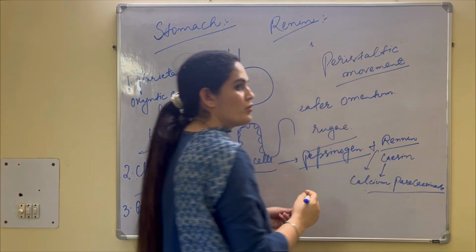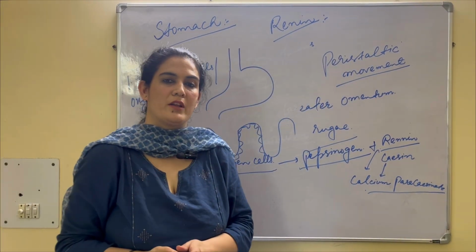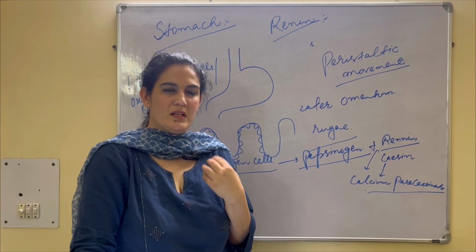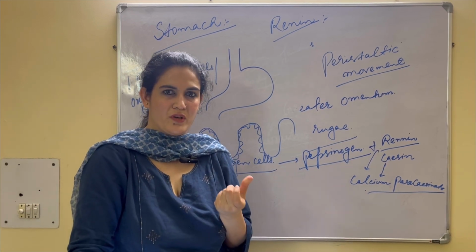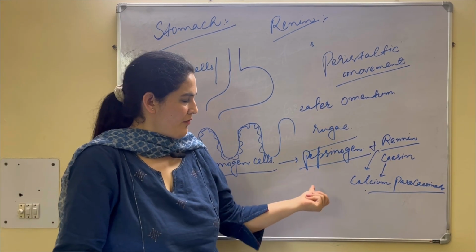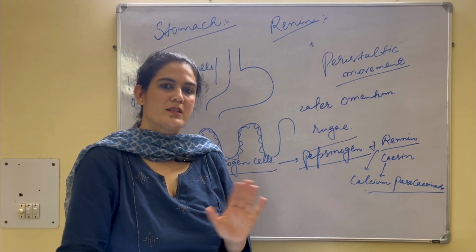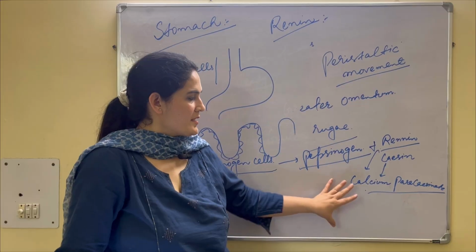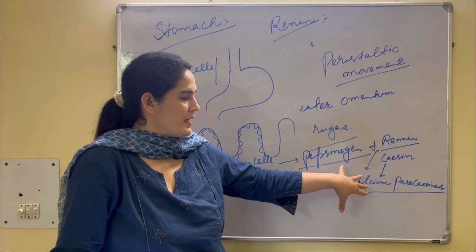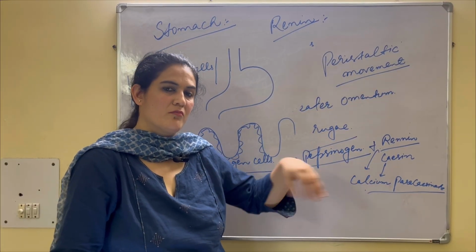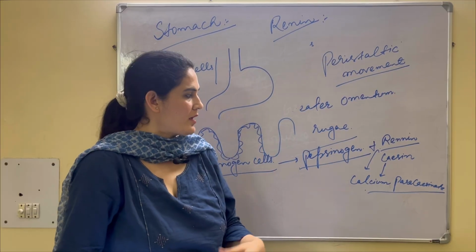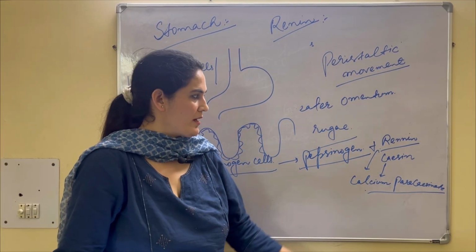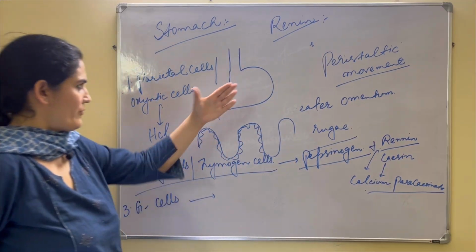So students, आपने देखा होगा infants में sometimes the milk is vomited out in the form of curd. In infants it's present, in adults it's absent. It helps in the digestion of milk. Milk की digestion को बहुत easy करता है. So it converts the milk protein casein into calcium paracaseinate. So this is the function of this.